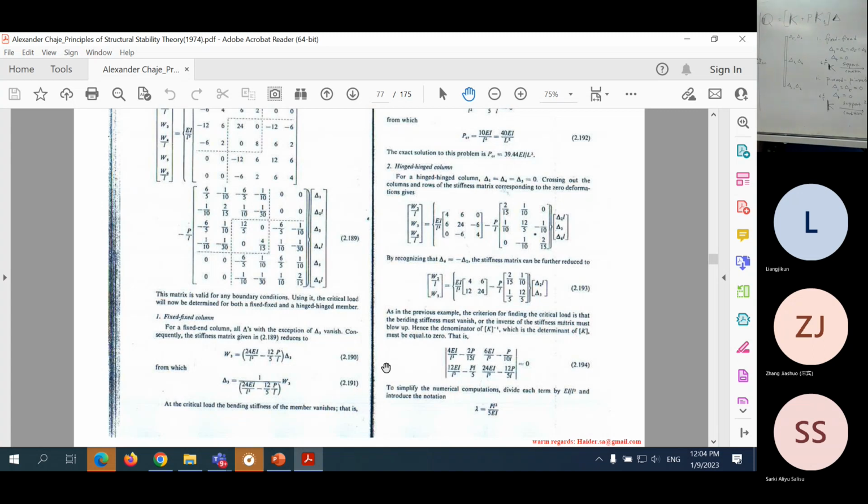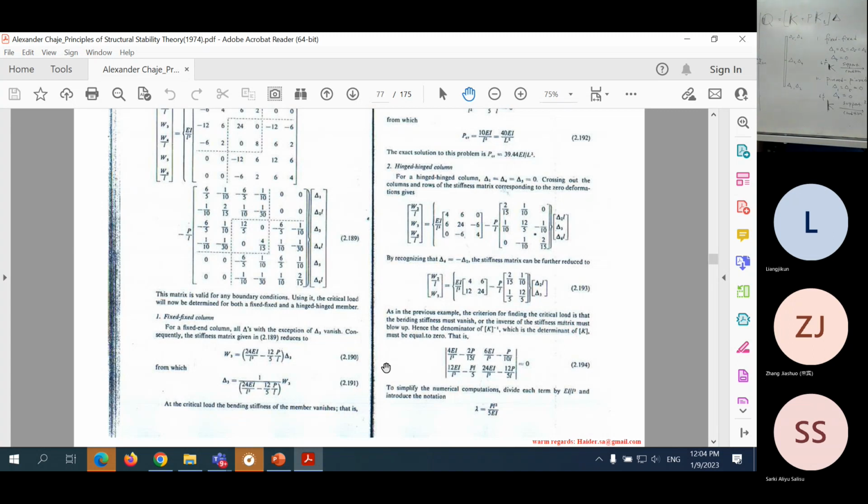So we get to this. How to get to this is actually you need to know some of the basics of matrix equations. The basis here is the negative of this column, you add to this, the negative of this column, you add to this, and then take away the third row, which means you reduce the equation to only 2 equations and 2 unknowns. So you get to these equations.